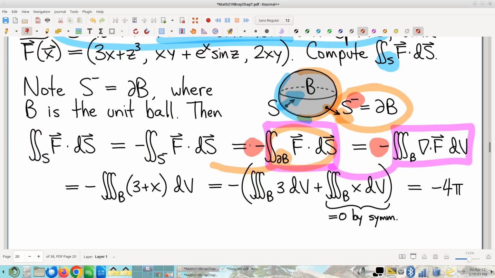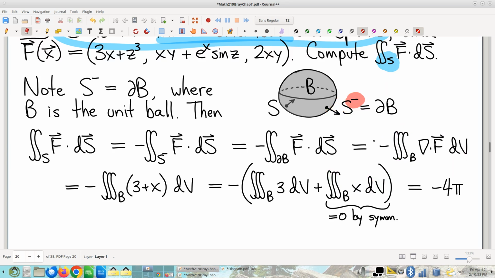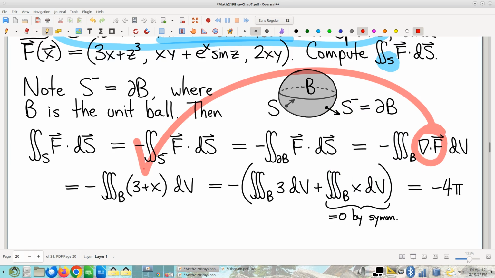There is one cool little bit that I think needs to be noted, and that is when you compute the divergence here, the divergence ends up being this. By the way, make sure you can do that. Remember what the formula is for computing divergence of the vector field. Here's your vector field. Make sure you can compute the divergence of that vector field, and make sure that you get this right answer, 3 plus x.